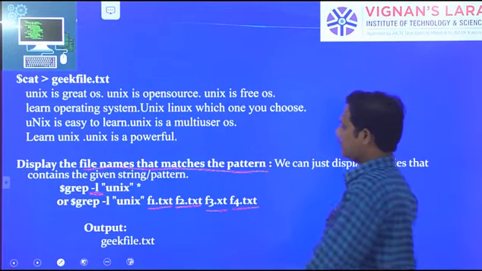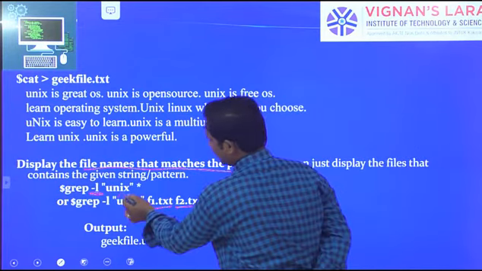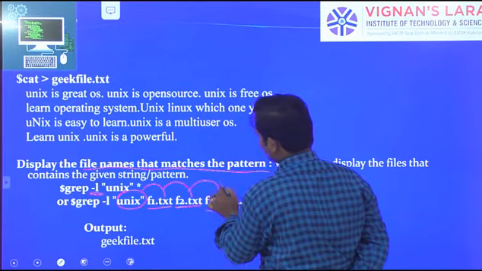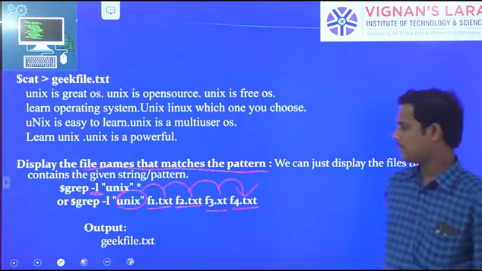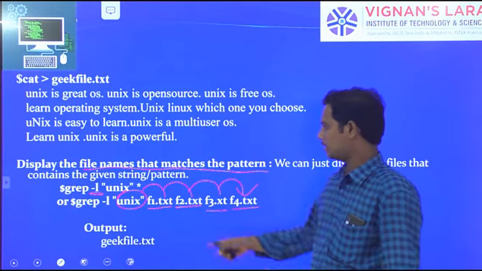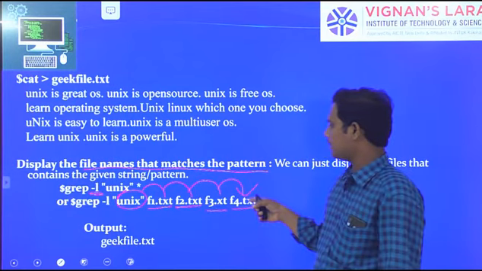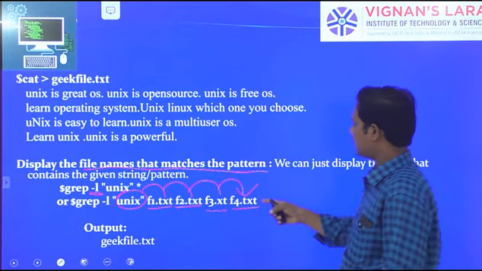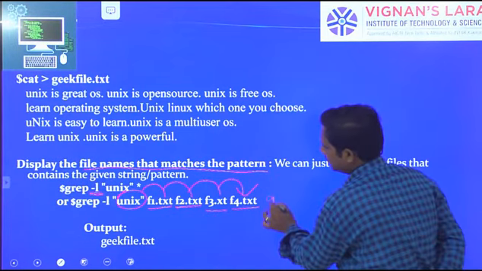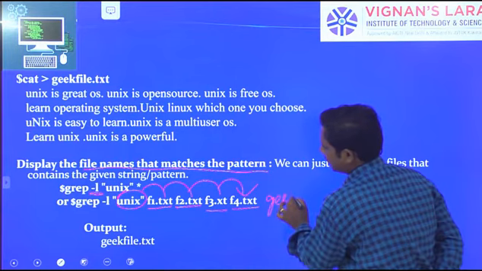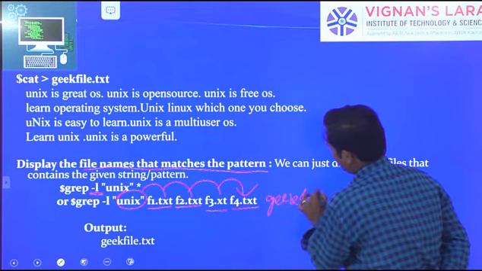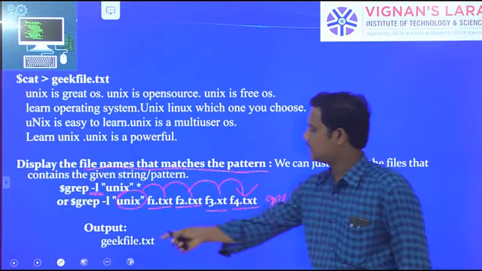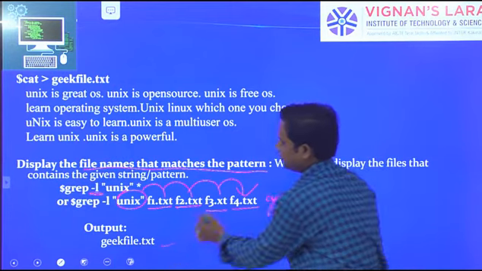If you want to search this word, either in this file or this file or this file or this file, whatever the file is, it will be displayed. Suppose actually these files do not have the word Unix, what file is available here? In geekfile.txt, only this file has Unix, so that file will be displayed.